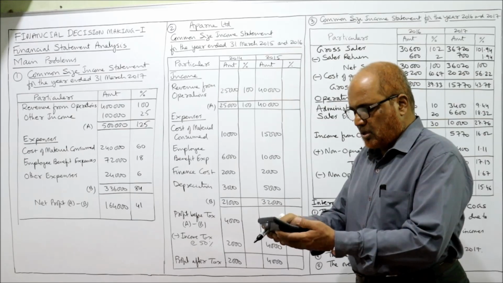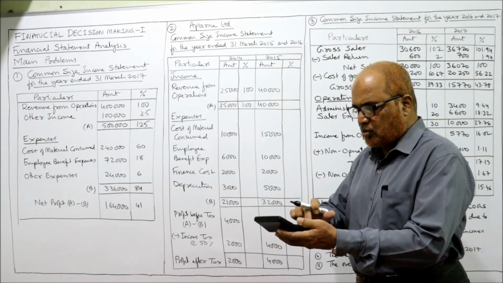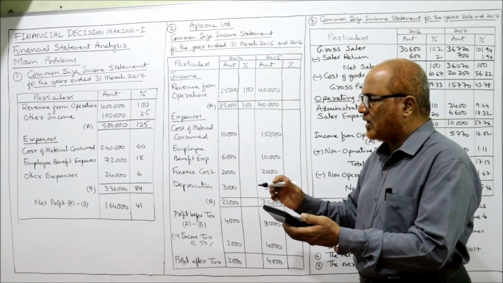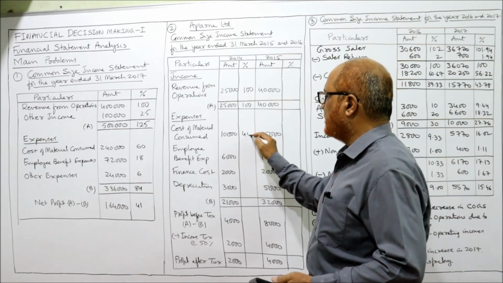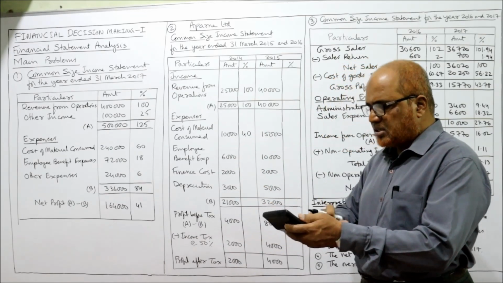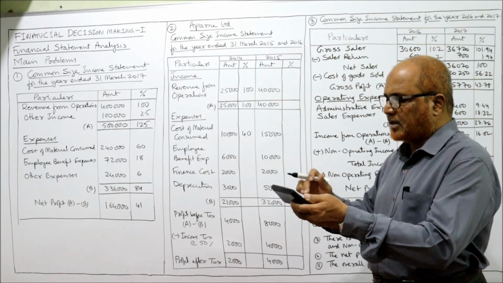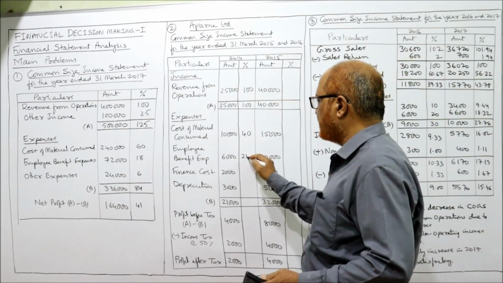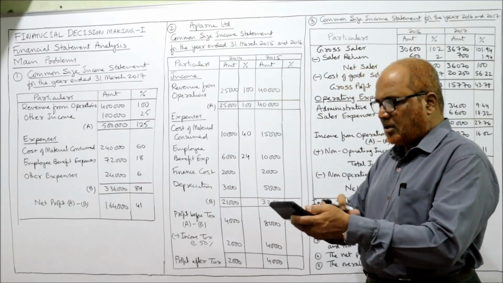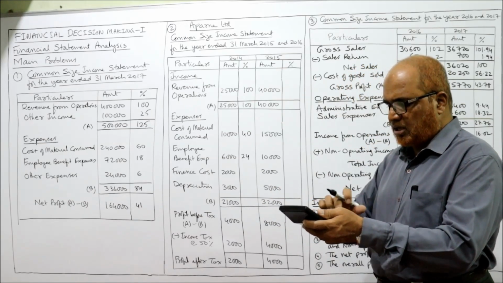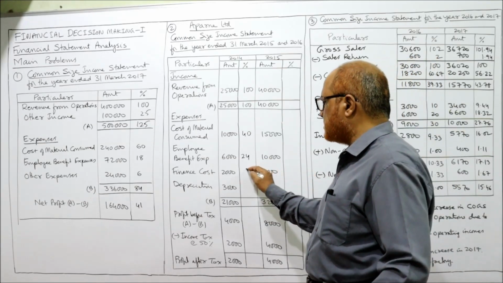So 10,000 divided by 25,000 into 100, you will get 40%. Similarly 6,000 divided by 25,000 into 100, you will get 24%. Then 2,000 divided by 25,000 into 100, you will get 8%.